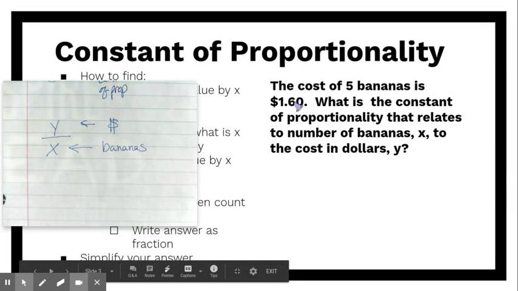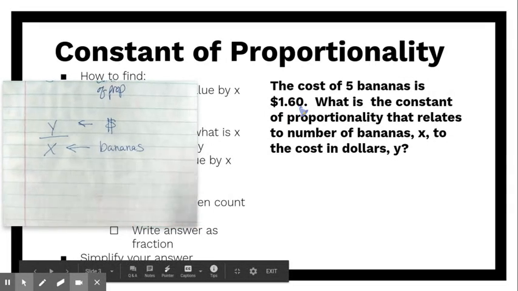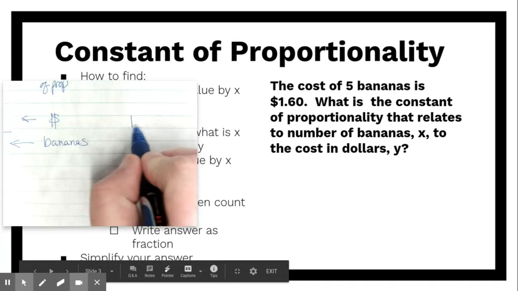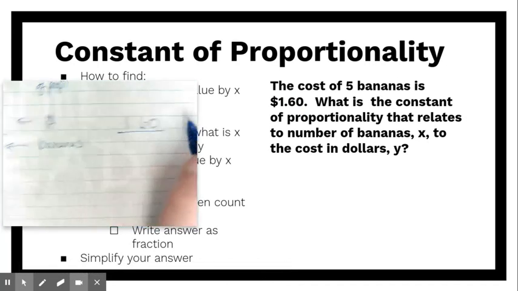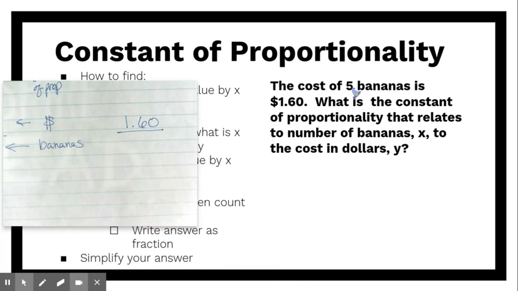Okay, so let's take what I have. The money was $1.60, so I'm going to put 160 over my x, my number of bananas, 5. And then we divide. 5 goes into 160 how many times?